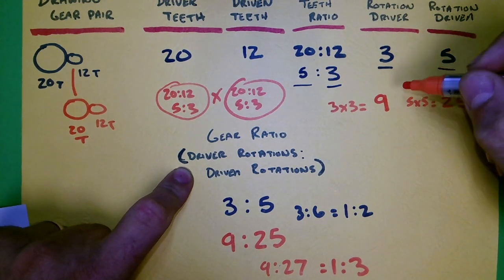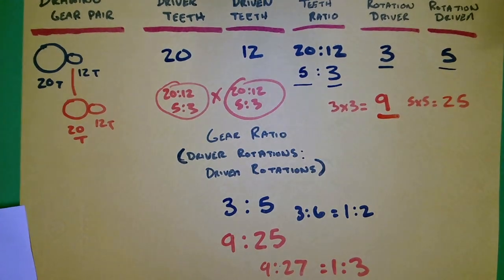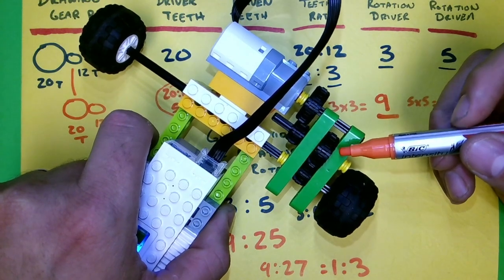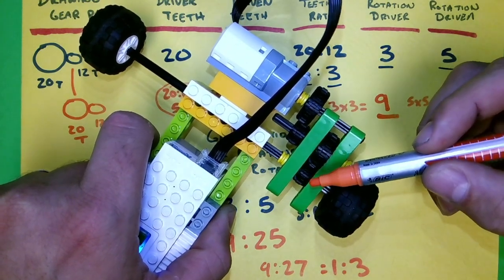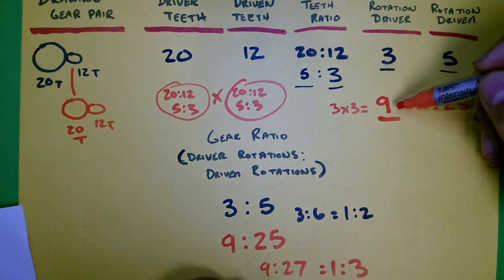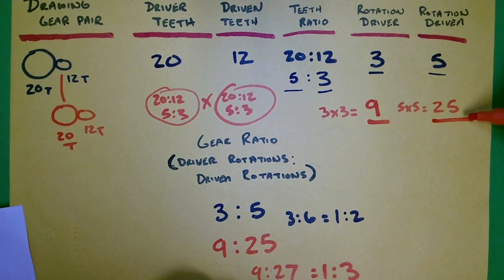So the number of rotations for the driver is now 9. This 20 tooth is a driver, and this 20 tooth is a driver because it's connected to an output, which is the driven. So our rotations for our driver is 9, and the rotations for our driven is 25 because 5 times 5 is 25.